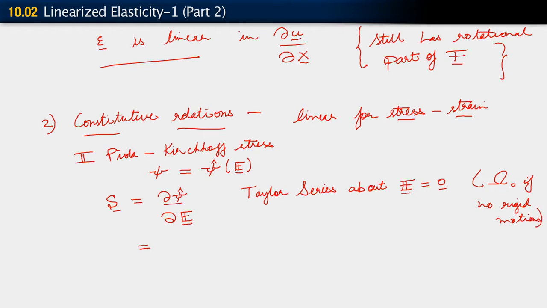And if you recall the boundary conditions, we can't have rigid motions with those boundary conditions, because we fixed the displacement at the displacement boundary to be 0 when we started out this exercise. So, let's do that Taylor series expansion about E equals 0.